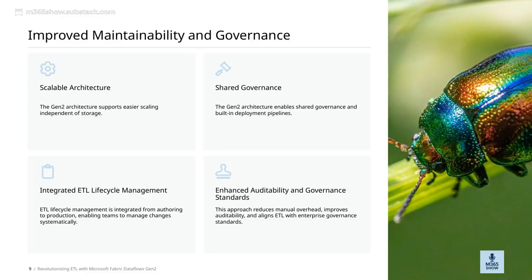This flexibility means your ETL processes can grow with your data needs without becoming a bottleneck. All of these improvements align with the overarching goal of creating a more robust, manageable, and scalable data environment that supports your enterprise's governance standards and operational agility.